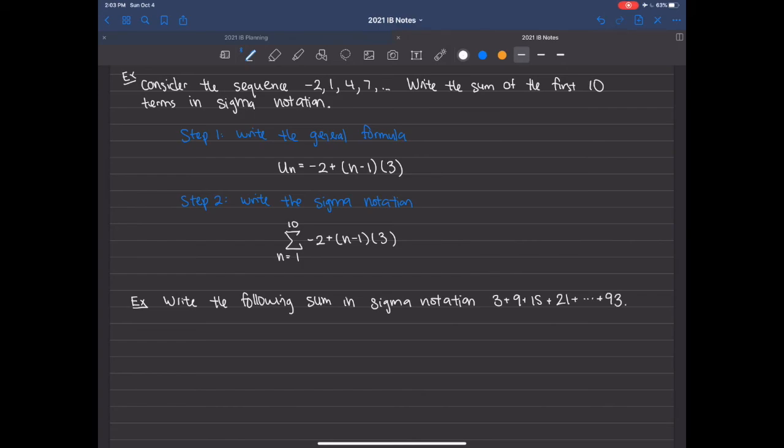Okay, so let's look. This tells us that u sub 1, our first term, is 3. And every time we increase, we are adding 6. So our common difference d must equal 6.